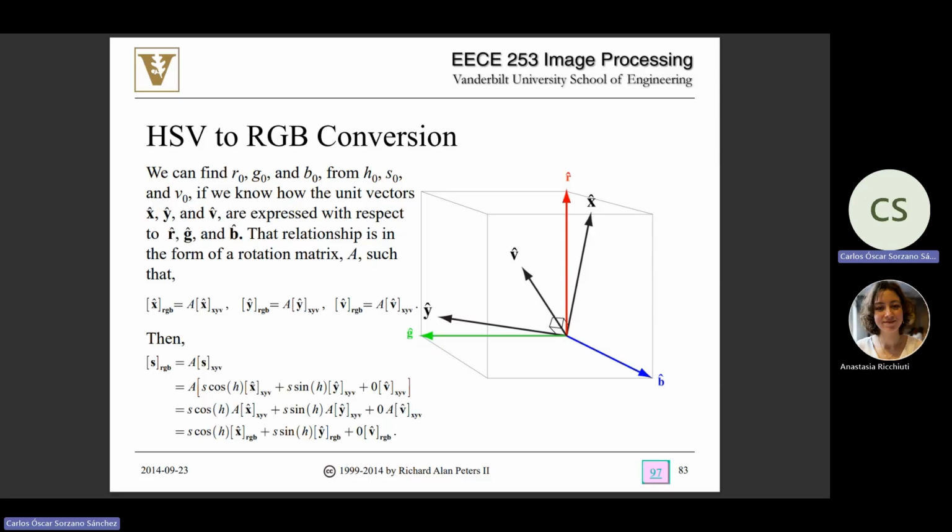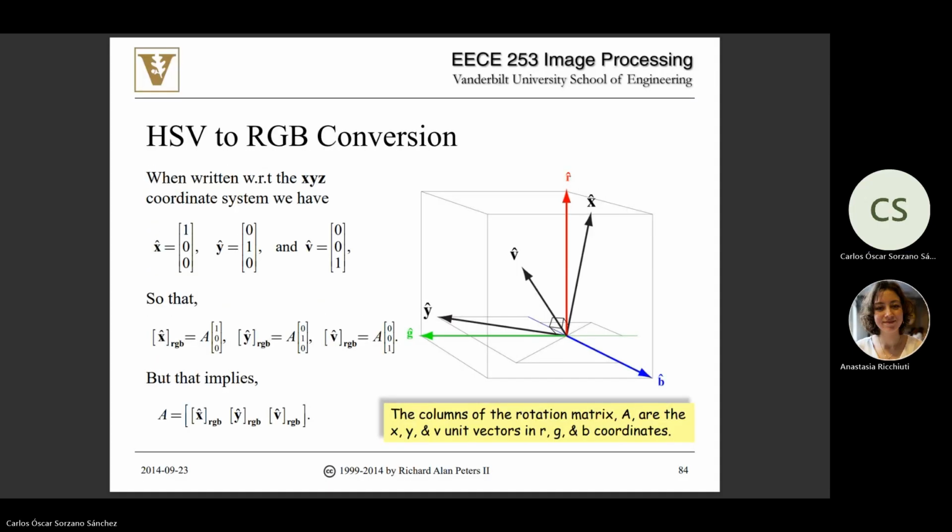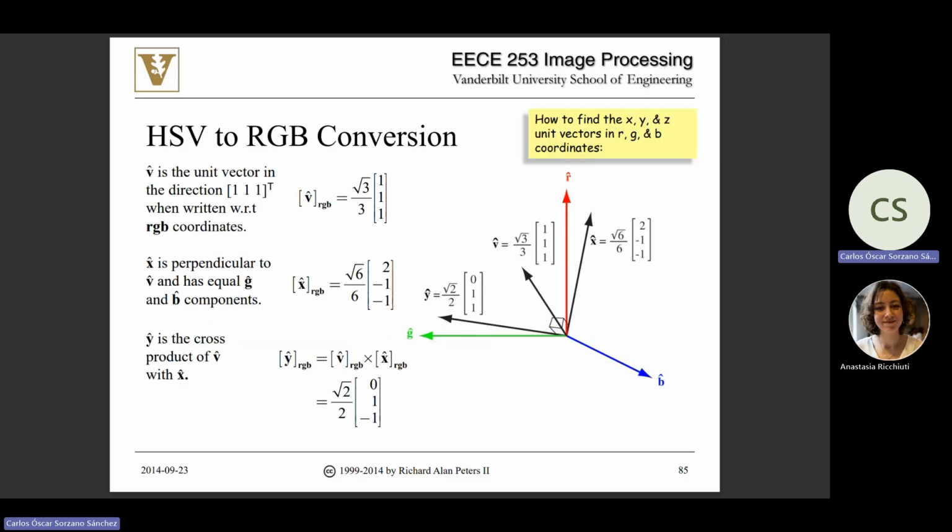And again, we have reasoned this, but you could know this from linear algebra in first year. So x, y, and v in the XYV coordinate system look like this: 1, 0, 0, 0, 1, 0, 0, 0, 1. So yeah, the columns of A are distinct. We've reasoned already that. Very good.